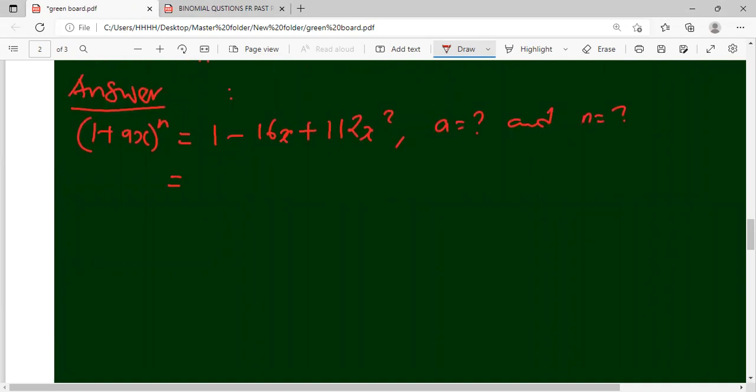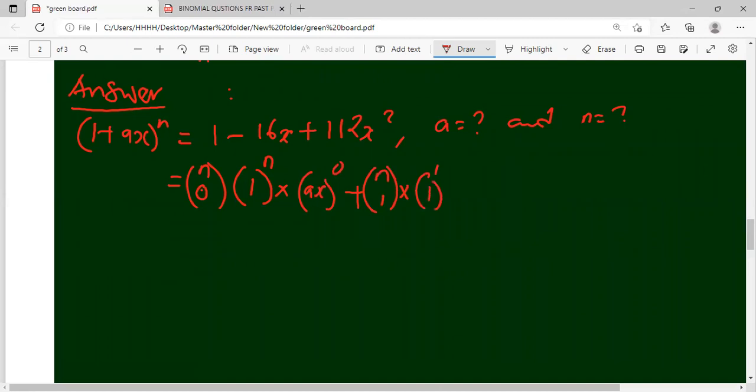And the theorem states that if I have a power n, n choose 0, this will be multiplied by the first term, which is 1, to the power n, by the second term, which is ax to the power 0, plus n choose 1 by the first term 1 to the power n minus 1 by ax to the power 1.